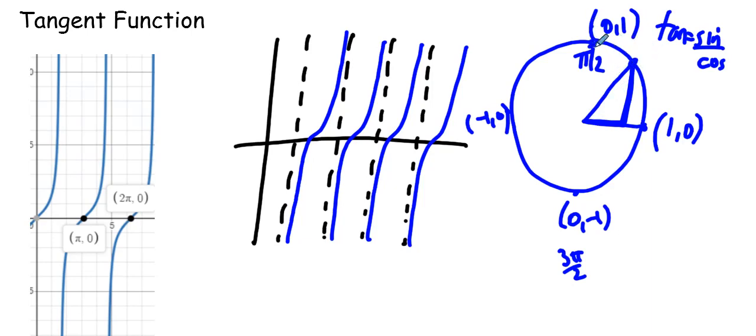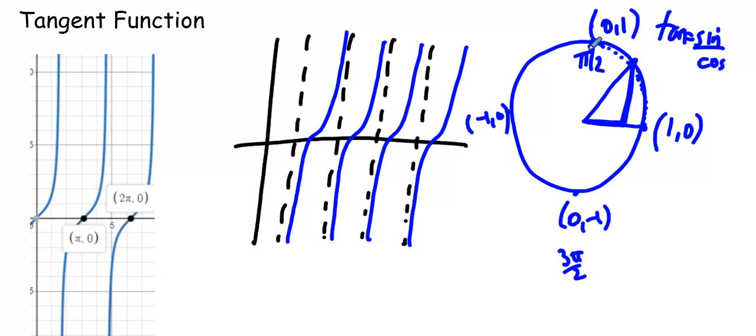So that being said, the reason why we have these asymptotes is because if you're studying the tan values, the slope of the hypotenuse, let's say we call the hypotenuse, is getting steeper and steeper and steeper. So we're going there.